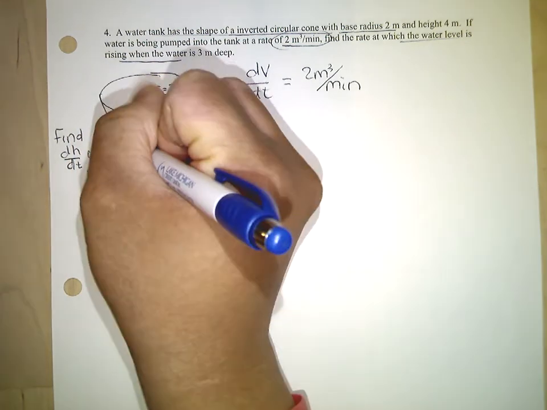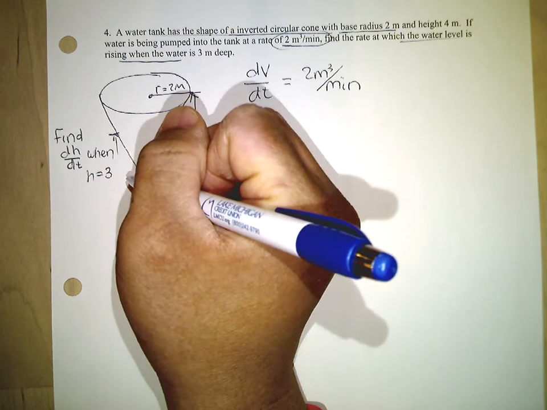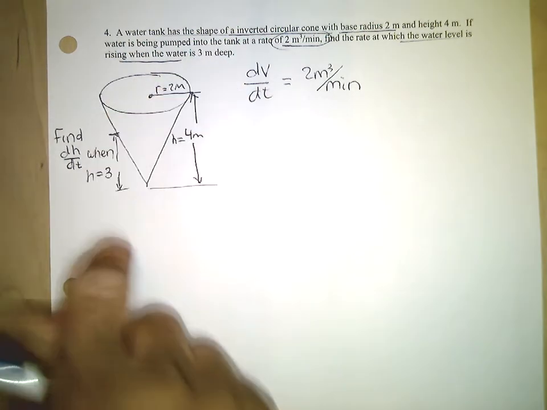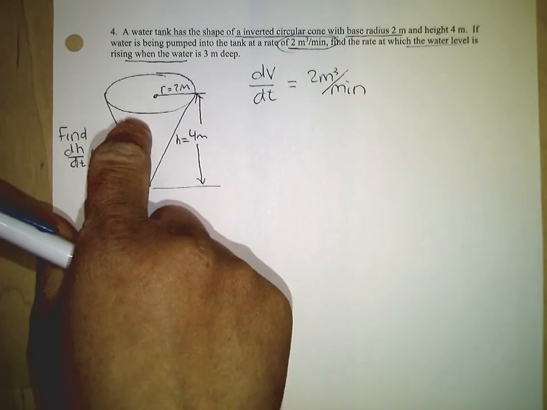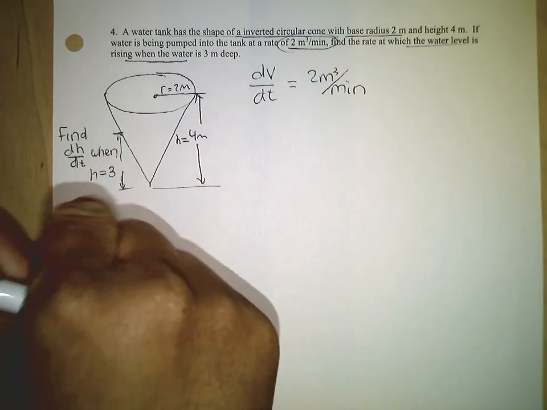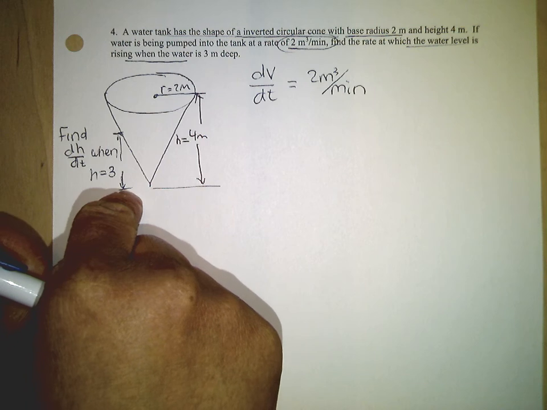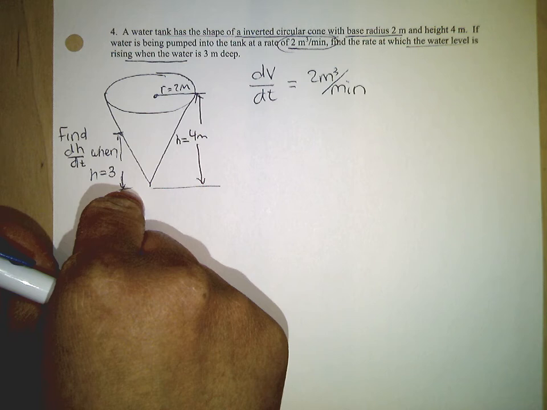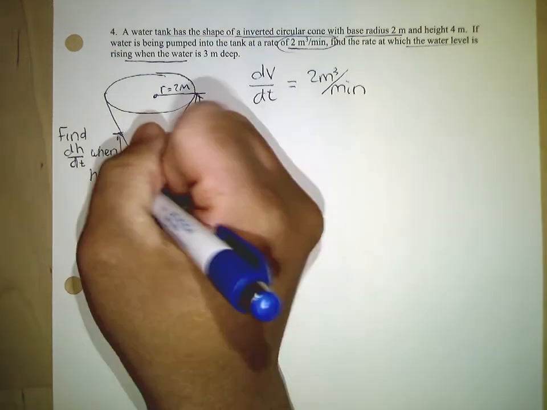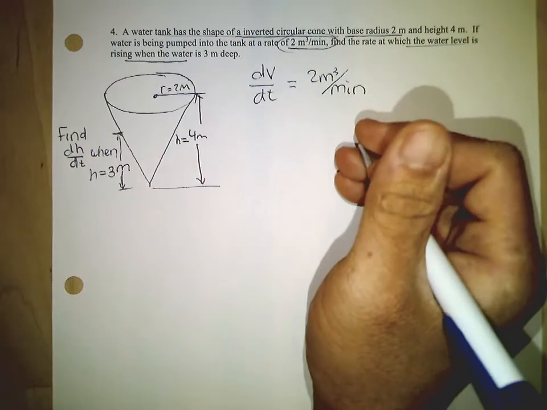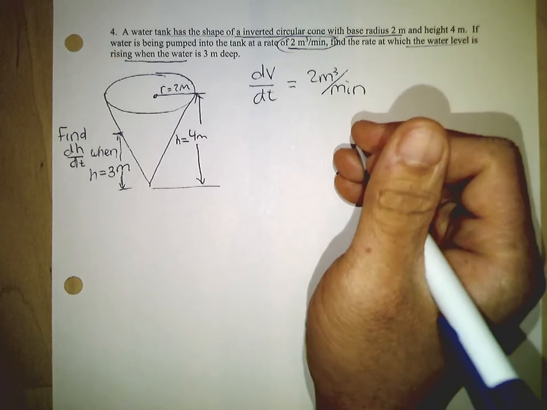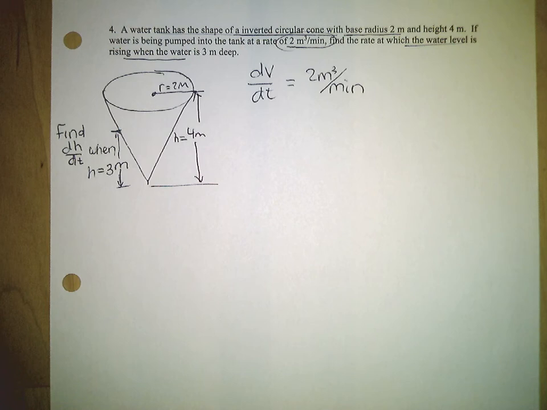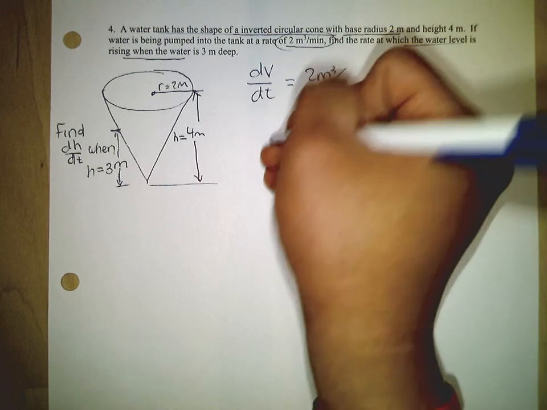So you want to know at what rate the height is changing when the height is 3 meters. So now let's go ahead and rewrite this as we usually would.